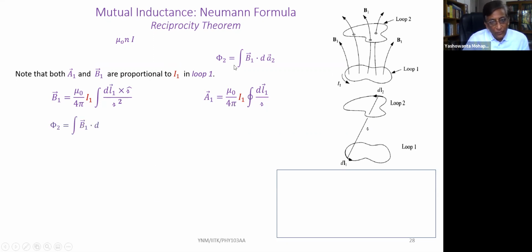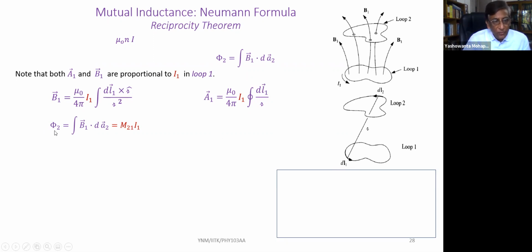So if I now look at phi 2, which is B1 dA2, whatever the integral, I1 I have taken out, and hence this depends only on geometry. The R squared and R are only geometrical factors. dl1 cross R hat, or dl1 over the loop, these are all geometry.